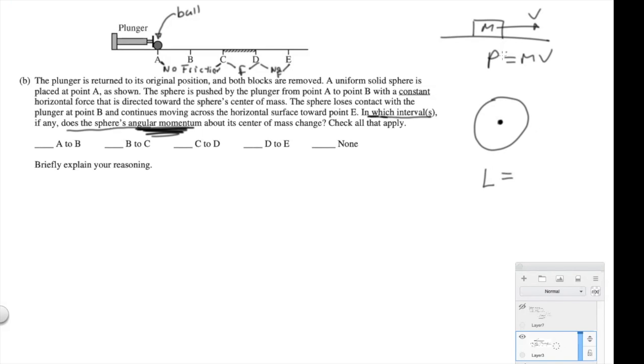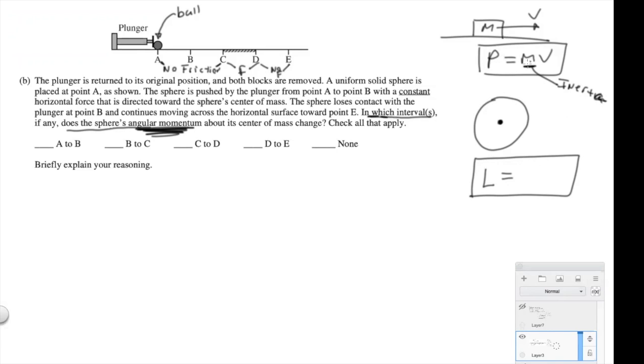Now, when you switch from linear situations to rotational situations, mass, which is a measure of inertia... I can't spell today. Inertia. Oh my gosh, it's too late in the day.